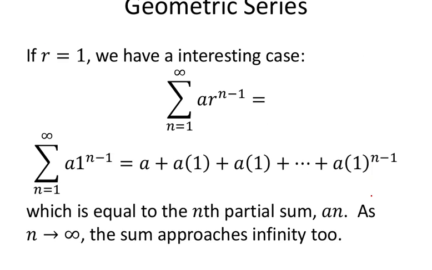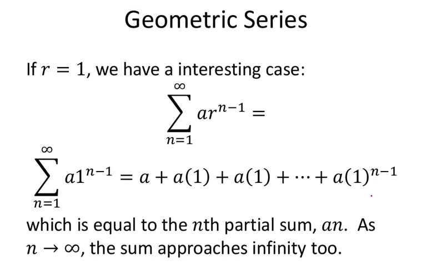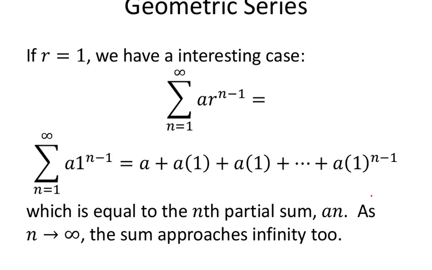And so, what if r is equal to 1? We get an interesting case where the first term is a, the second term is a times 1, the third term, for when n is equal to 3, is a times 1, the fourth term is a times 1, and you keep on going.